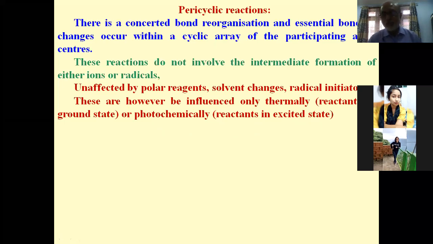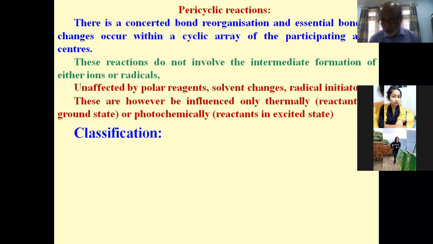Okay, let us come to something more. Classification. Any idea about the classification of these reactions? Somebody name one or two types of pericyclic reaction. Come on. Electrocyclization, that is called electrocyclic reaction. Cycloaddition. Then any other? Sigmatropic reaction.